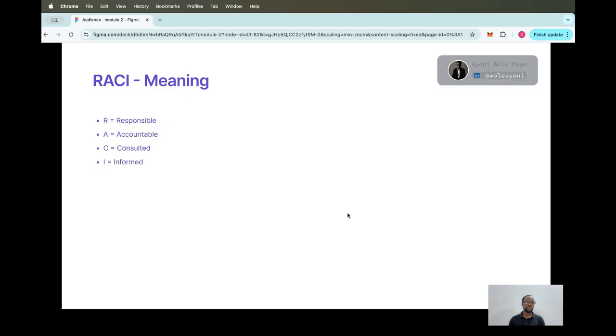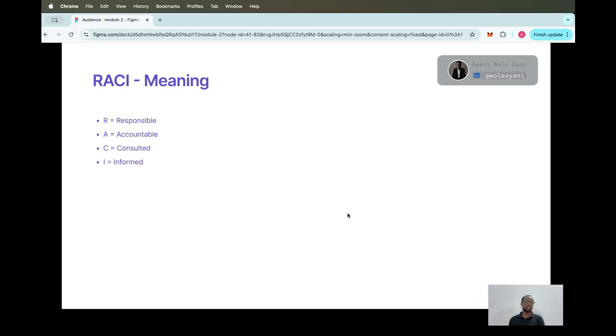R stands for responsible, who is responsible for what. A stands for accountable, who should hold me accountable for this responsibility. I mean, who cross-checks my work, who okays my work. C stands for consulted. In delivering this service, who should I consult, who should I collaborate with? And I stands for informed.